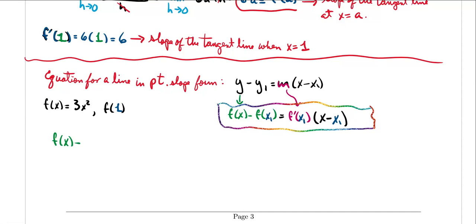With f of 1, we obtain simply 3, the 3 times 1 squared, if you want to put it that way. So now we have our f of x1, and this is going to be equal to the slope. Now, what was the slope at x equals 1? We got a slope of 6 times x minus 1. In fact, let me change the color here for the slope. There we go.